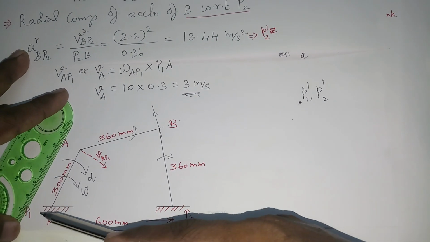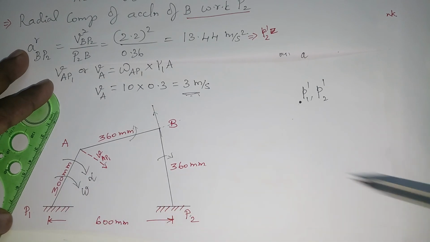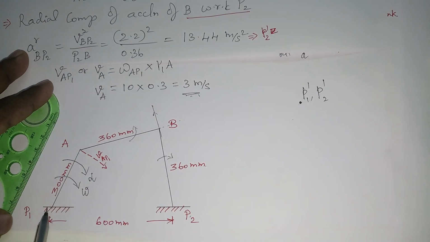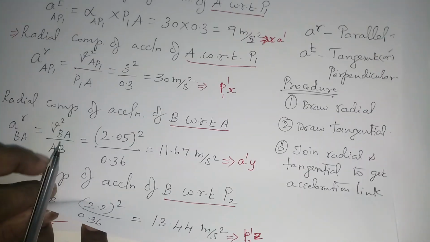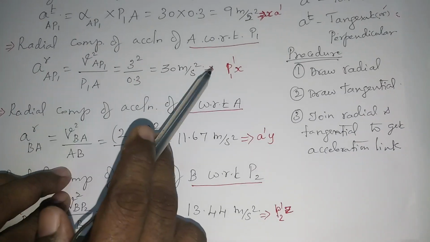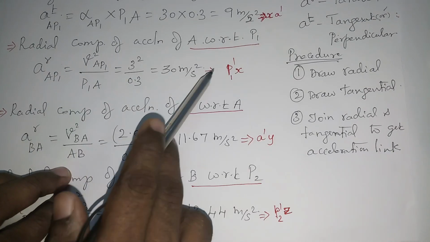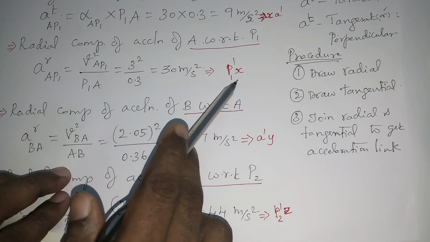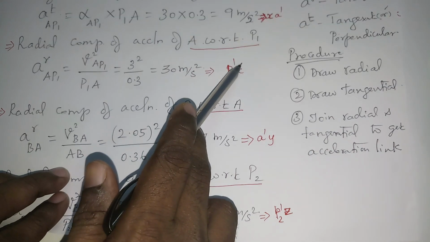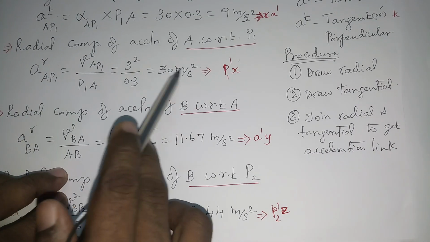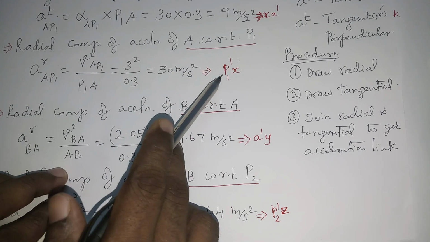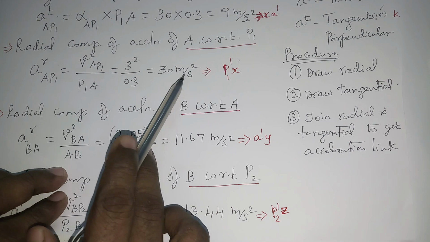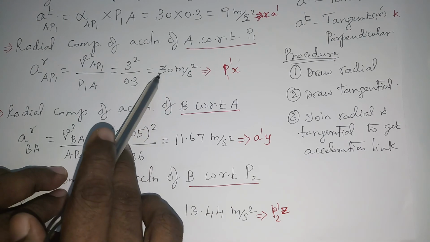Next, consider the link AP1. First take the radial component. Radial component value is how much? Here you can see radial component value is 30 meter per second square. I am taking the notation as P1 dash x dash. Okay, the value is 30, so we are converting this meter per second square into centimeter. I am going to take 1:2 ratio. 1:2 means half of this one.